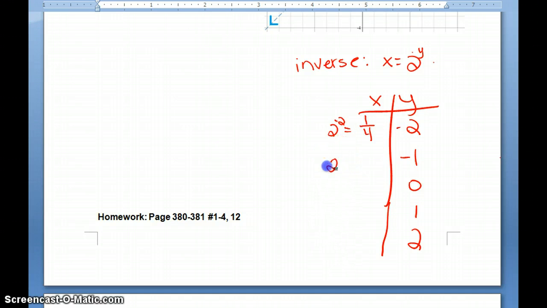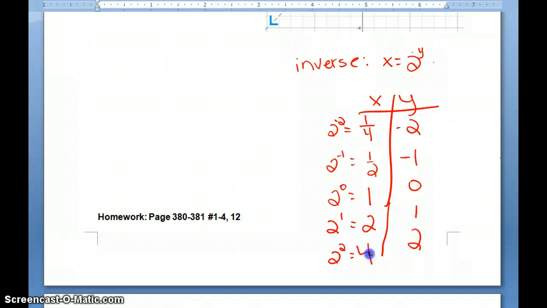Then we have 2 to the -1, which is equal to 1/2. 2 to the 0, which is equal to 1. 2 to the 1 is equal to 2. And last but not least, we have 2 squared is equal to 4. You can do this using your graphing technology, or it would be some good practice to try this one out on your own and do this one by hand.